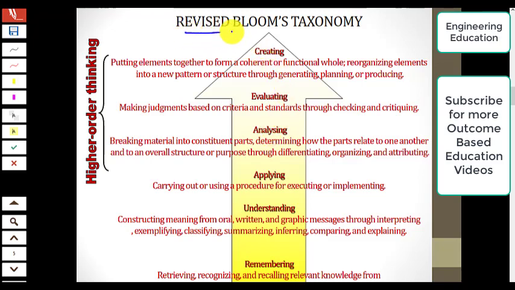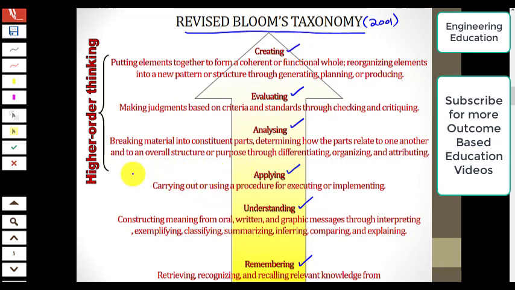So, revised Bloom's taxonomy. This is the revised Bloom taxonomy levels: remembering, understanding, applying, analyzing, evaluating, and creating.